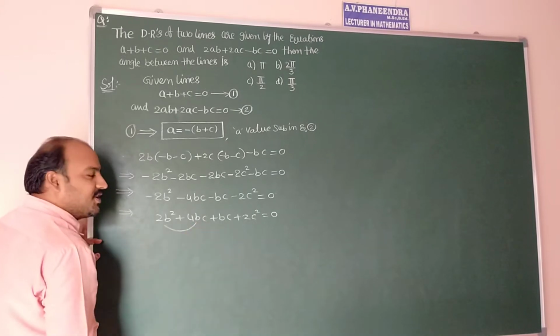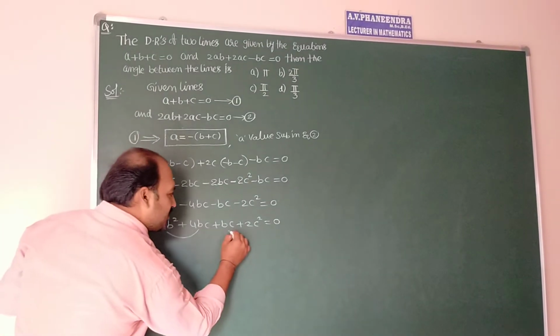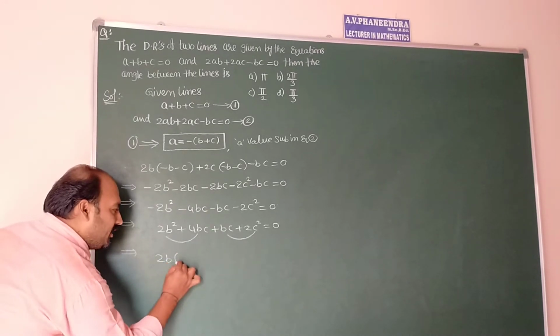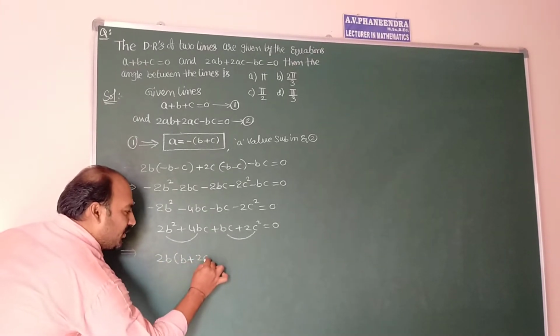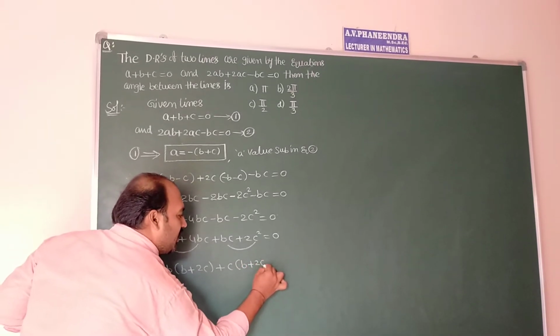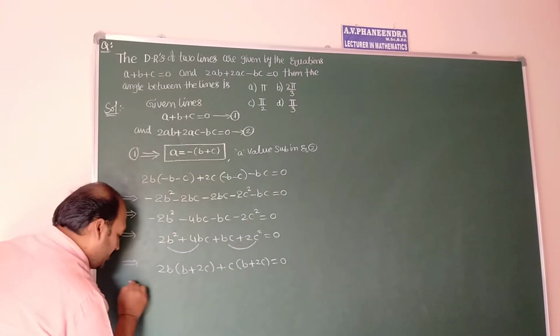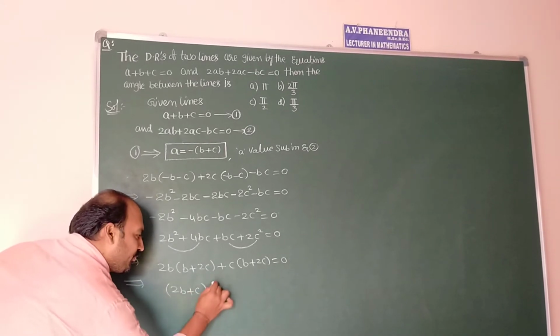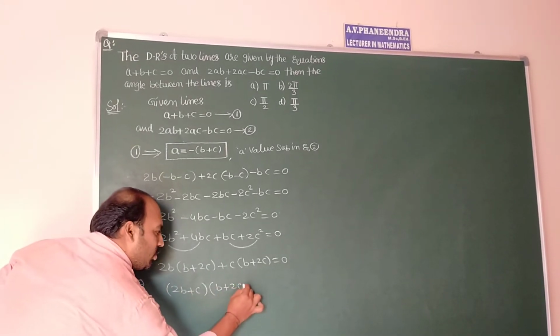From the first two terms take common 2b, from the next two terms common c. That implies 2b, if you take common, b plus 2c, plus c, b plus 2c equal to 0. That implies 2b plus c into b plus 2c equal to 0.